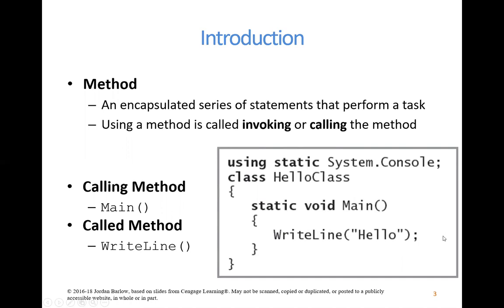So thus far in this course, the only methods that we have created are the main method, and when we're working in GUIs and we double click on a button to put some code inside of that method, that's a method that we created, even though Visual Studio filled in all the keywords that we needed for that. We didn't have to really think about what was in the header of that method, but we're going to think about that a little more deeply today, and we're going to learn how to create even more types of methods.